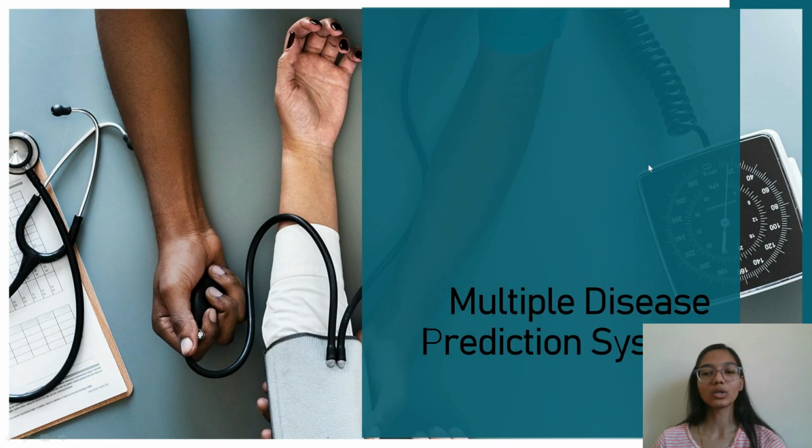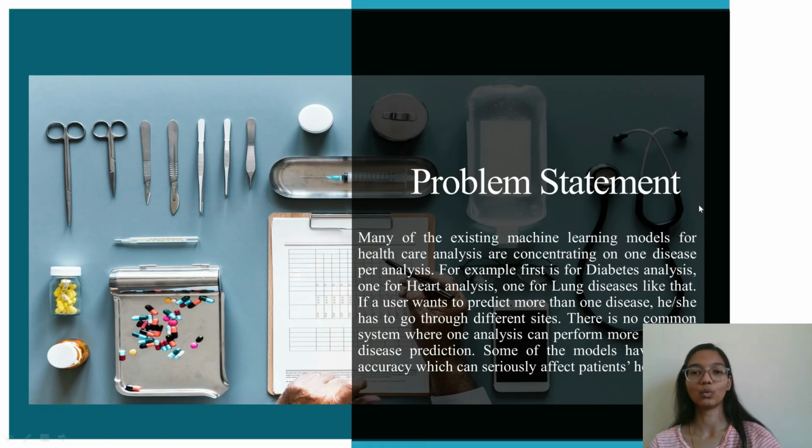So my system is the multiple disease prediction system. Why did I choose to build this system? Let's take a look at the main issue or the problem statement. Many of the existing machine learning models for healthcare analysis concentrate on one disease per analysis. Till now, many of the systems consider only one disease, for example, one for diabetes analysis, one for heart analysis, one for lung diseases, and so on.